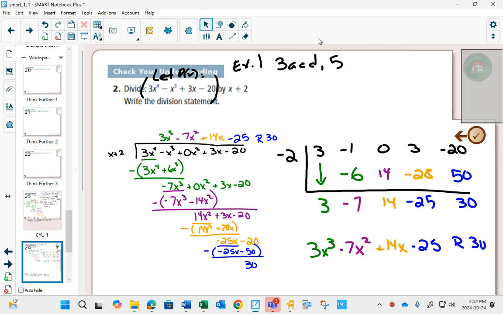Okay, I'm going to draw some arrows here. This arrow hit the 3, became the 6. Then in purple, hit the 7, became the 14. Then in orange, the 2 hit the 14, became the 28. Then in blue, negative 2 hits negative 25, becomes plus 50.